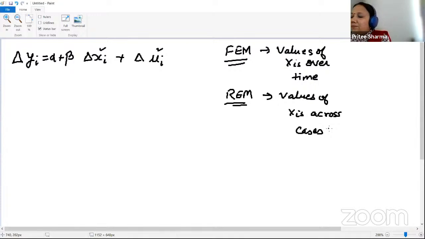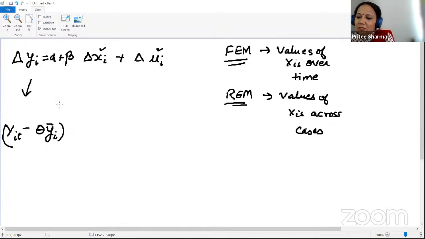Then what we are going to do here is, this estimation is based on YIT minus, I'm going to introduce one more term here, theta YI bar.